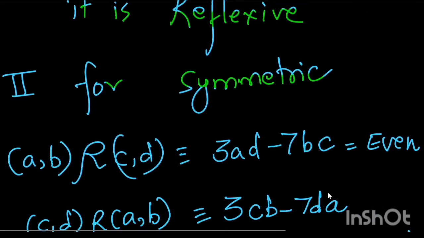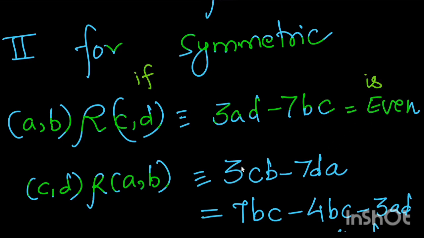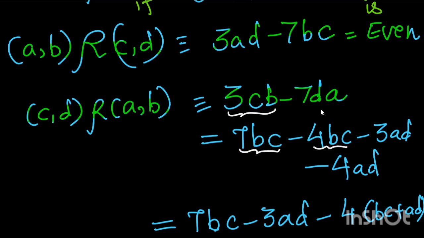Now for symmetric, again (a, b), (c, d), we will interchange, it becomes (c, d), (a, b). If this is an element, so this is even, we have to prove that 3cb minus 7da is also even. So we will do some manipulation. We will write 3cb as 7bc minus 4bc, and minus 7da as minus 3ad minus 4ad.